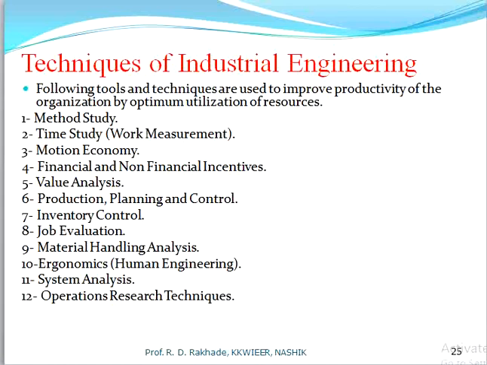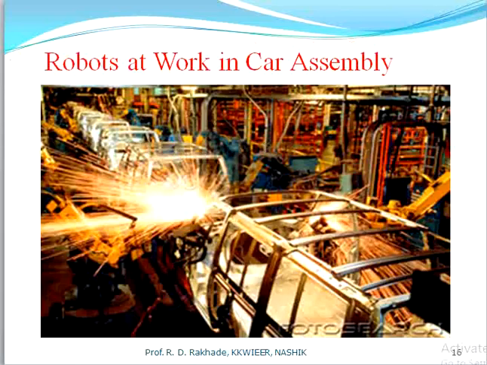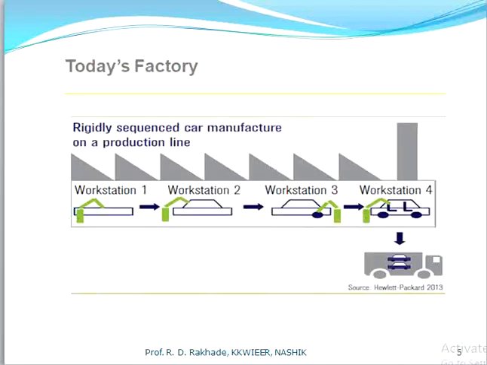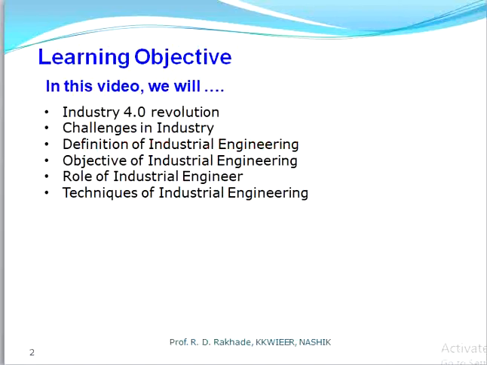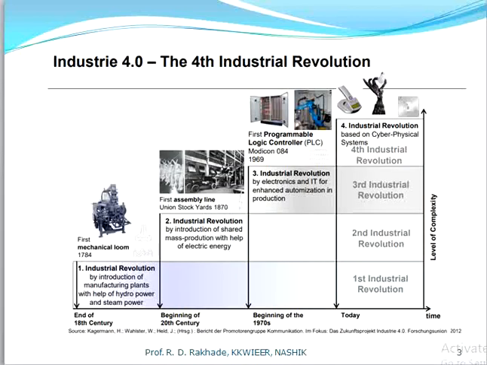Okay, so let us quickly revise all points of this session. Industry 4.0 revolution is based on cyber physical systems, meaning systems collaborating with the internet of things, including the third, second and first revolutions, that is considering electronics, IT, then electric energy or mechanical energy also.